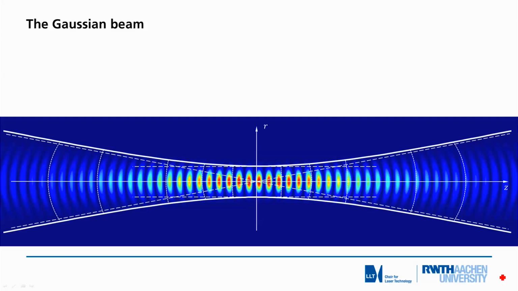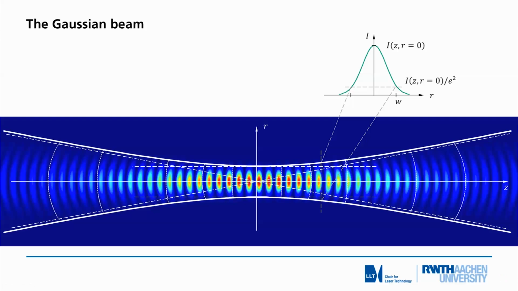If we look at the boundaries of that laser beam, we find this Gaussian beam profile with corresponding behavior in the far field, more or less linear, and in the center we have parallel, linear phase fronts, just for the reason of symmetry. If again we look at the distribution perpendicular to the direction of propagation, the intensity has this typical Gaussian beam profile, which scales as an exponential function of the dimension squared.